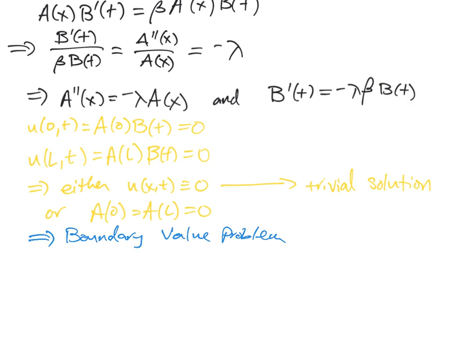So we have a double prime of x equals negative lambda a of x, and we have our boundary conditions a of 0 equals a of L equals 0.